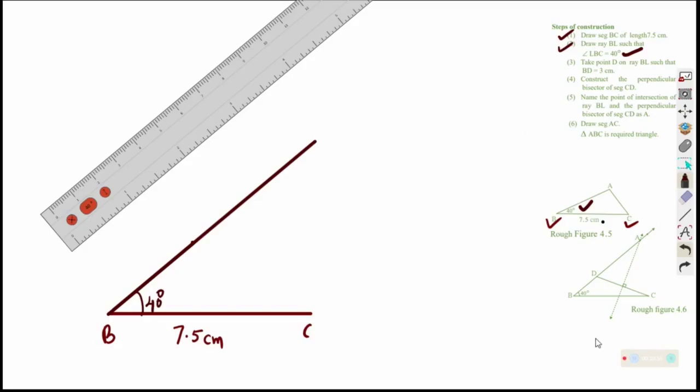Compass is the right choice; though you have a scale or ruler over there, simply measuring 3 centimeter is not right. But for drawing a line segment, you can very well use a ruler. But in the case of this kind of situation, a compass is preferred for marking 3 centimeter.